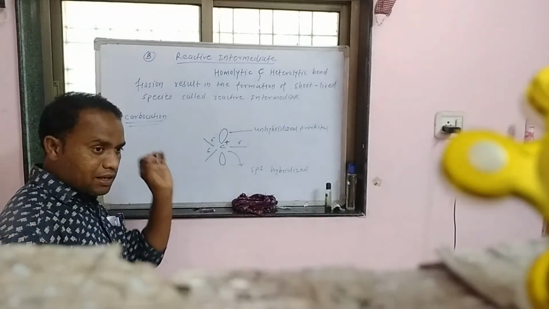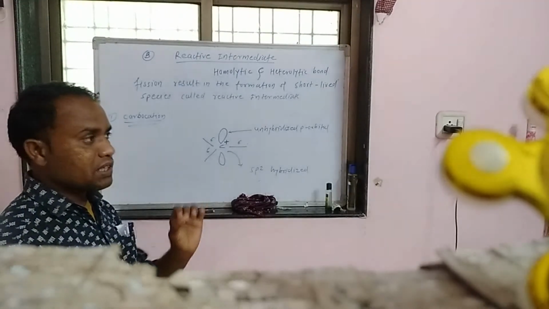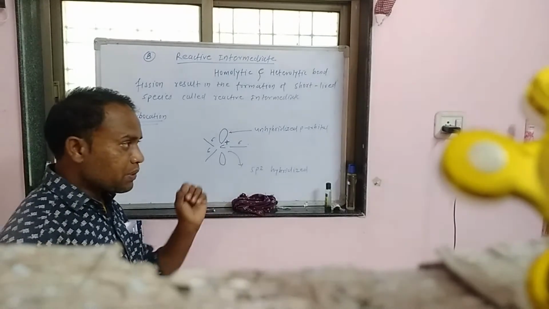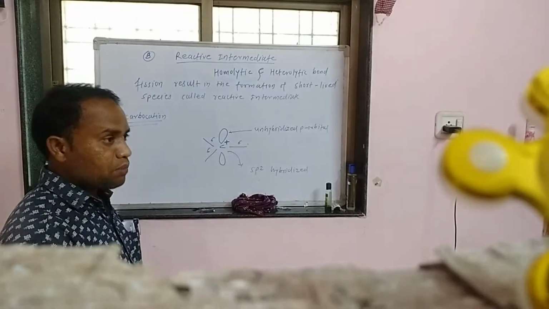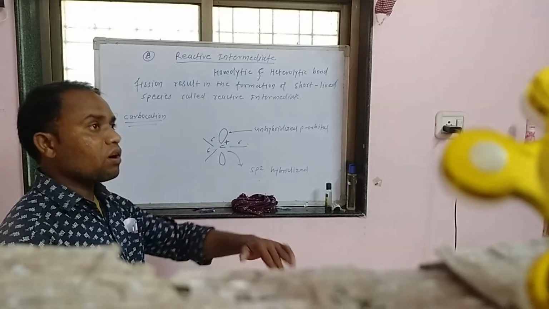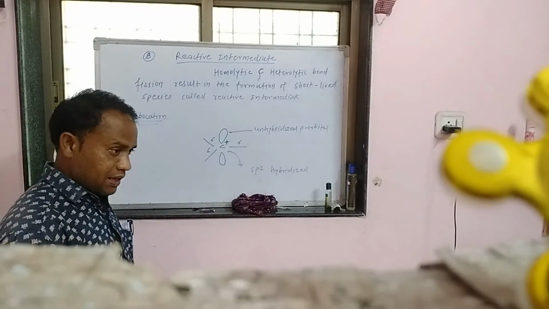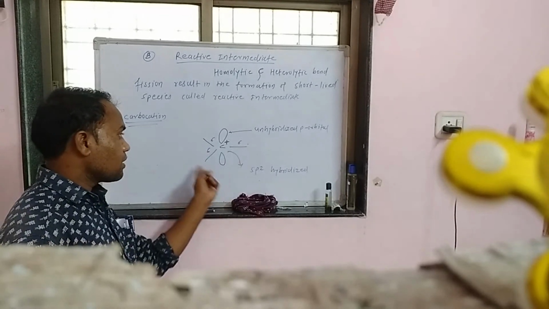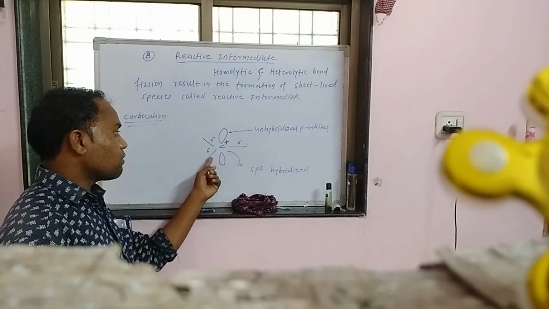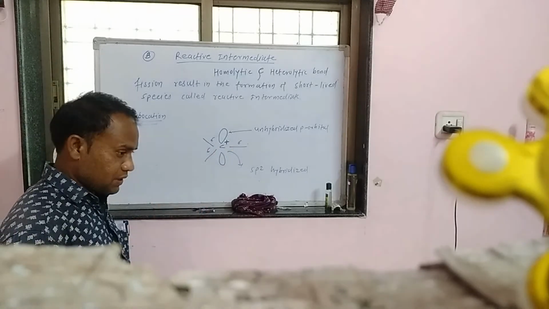Carbocation means the carbon center is a positively charged center. It is in the sp2 hybridized state, and the three sp2 orbitals form sigma bonds with three other atoms. The vacant p orbital lies perpendicular to the plane of the sigma bonds.